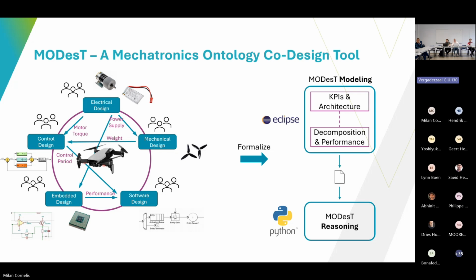engineering disciplines' own design. So therefore, we created a tool called Modest, which stands for Mechatronic's ontology co-design tool. What it does is that you can formalize these different dependencies in a so-called model. For this, you can use the modeling part of Modest, which is created in Eclipse.